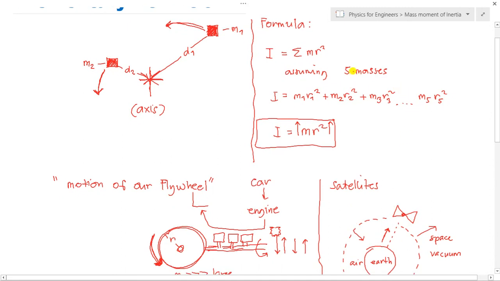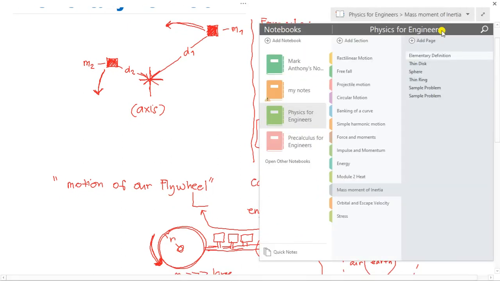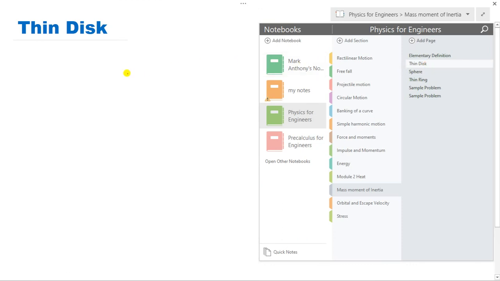Now let's derive some basic geometries and its corresponding formula for its mass moment of inertia. So ang pinaka basic kay ang thin disk. So the shape of our thin disk is this one.